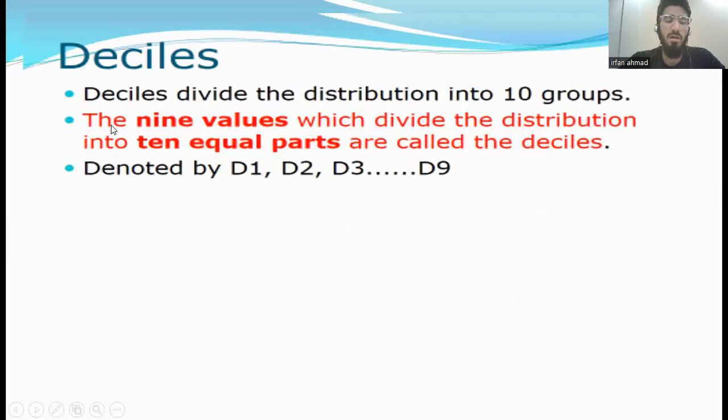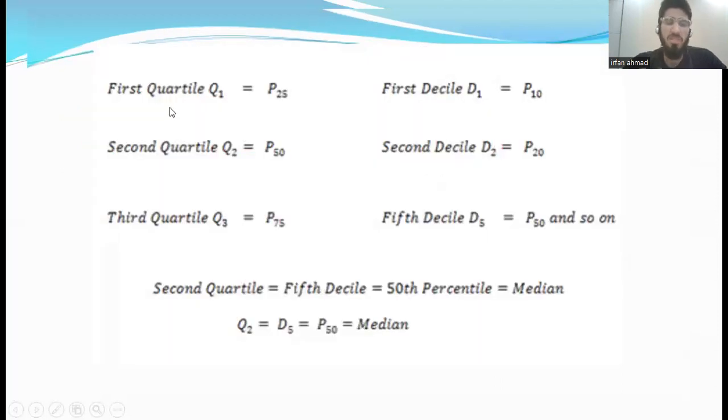Now the fifth term is decile. As the name shows, when we divide the data into 100 groups we get percentiles, and the 9 values which divide the distribution into 10 equal parts are called deciles, denoted by D1, D2, D3, up to D9. This is one graph that combines the quartile, percentile and decile.